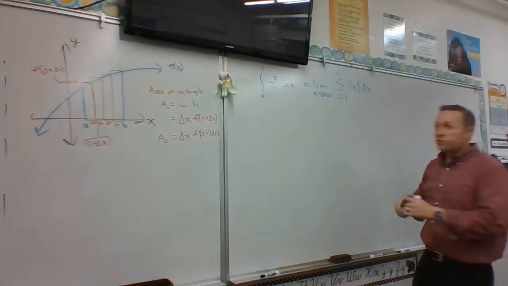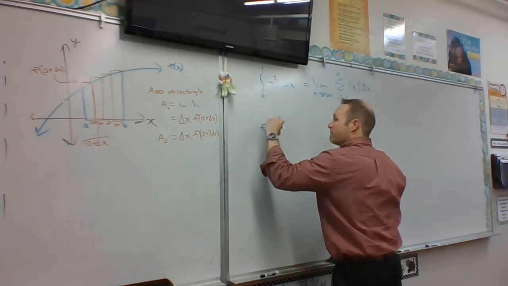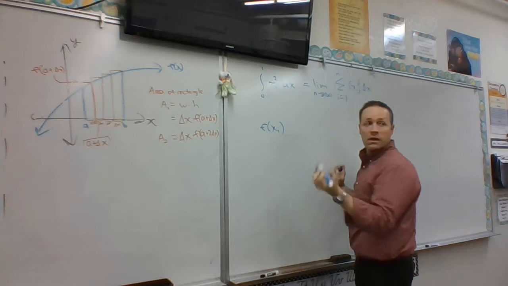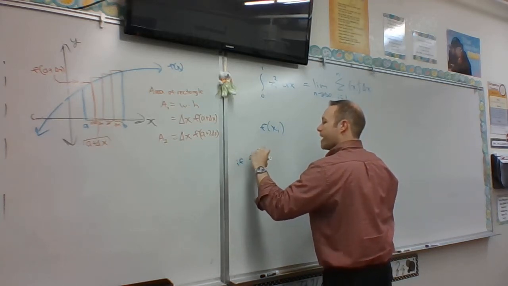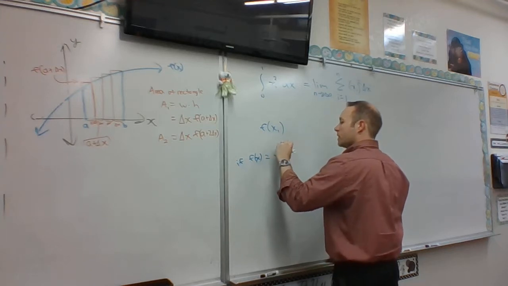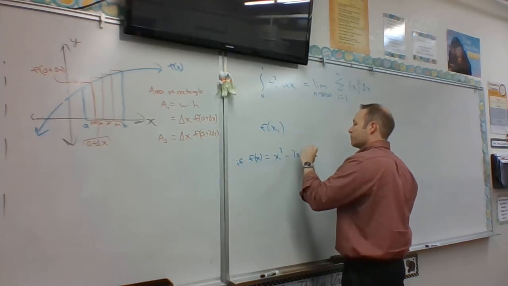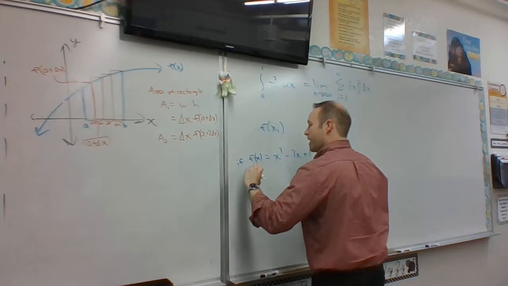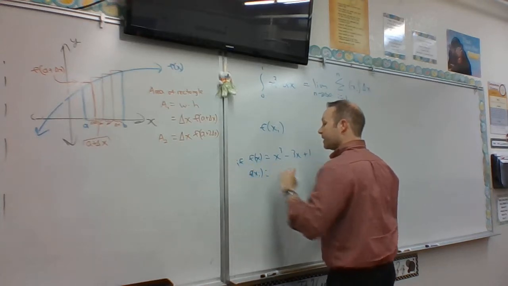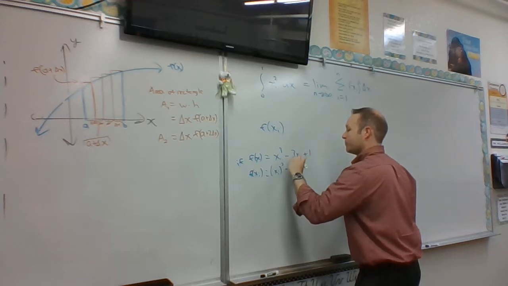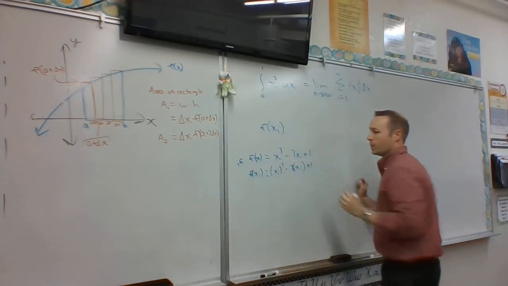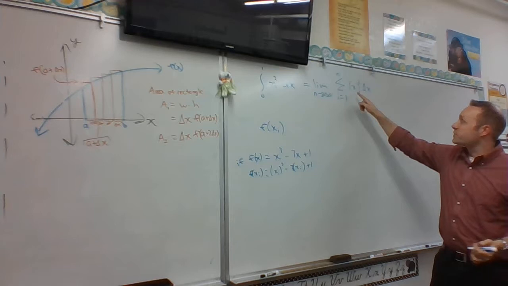That should be a good idea now. If f of x equals x cubed minus 3x plus 1, then f of x sub i is x sub i cubed minus 3 times x sub i plus 1, right?